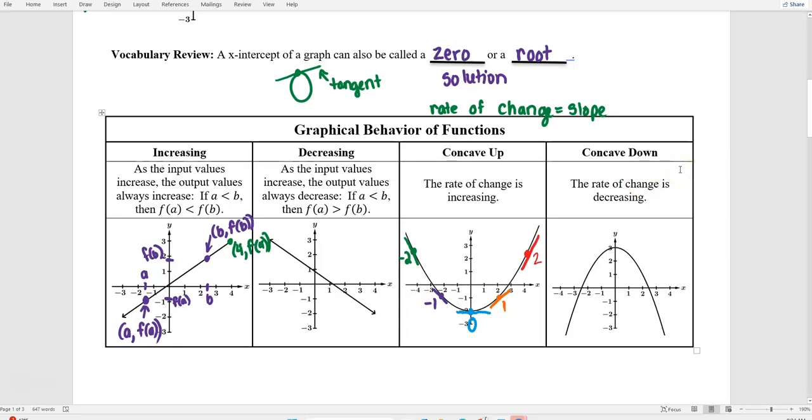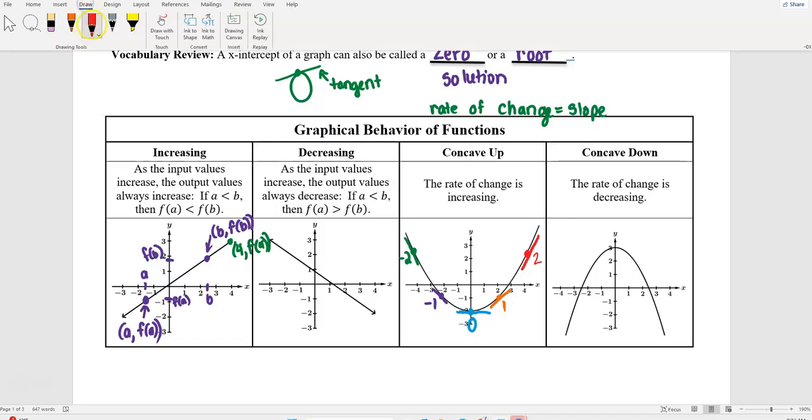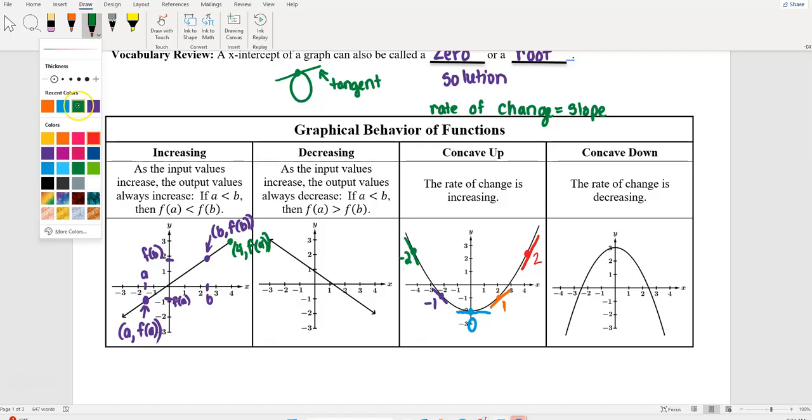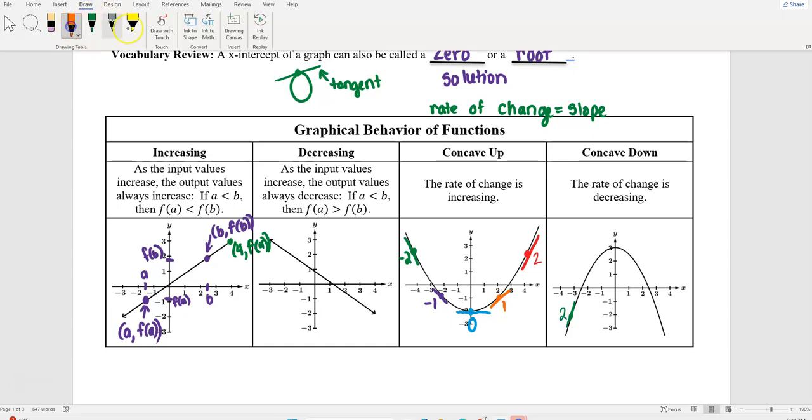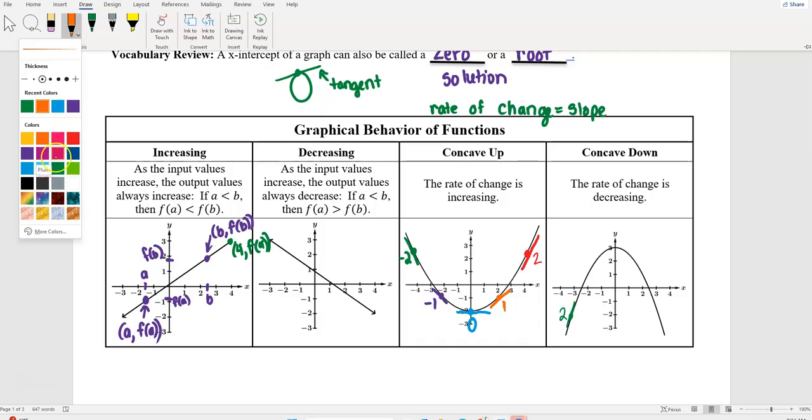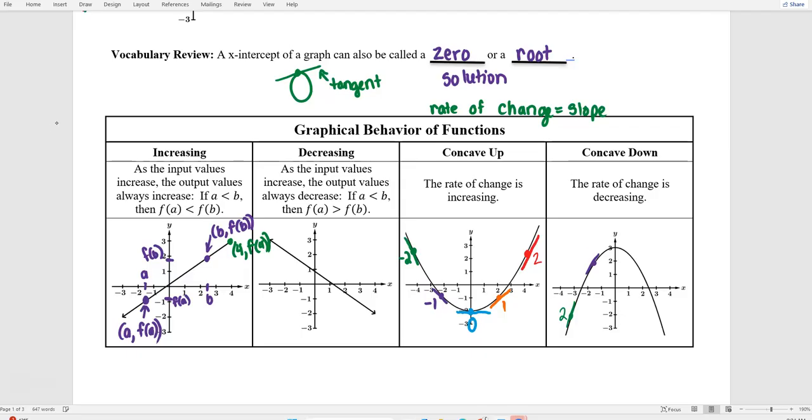Concave down is going to be sort of the opposite of what we see here. I'm going to draw these in real quick, similar to what we had. If we go from left to right and do a slope right here, that's probably about positive 2. We're just going with the same guesses that we had. And then if we do one about right here, that's probably about positive 1.